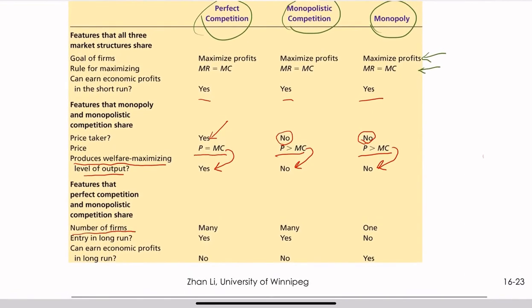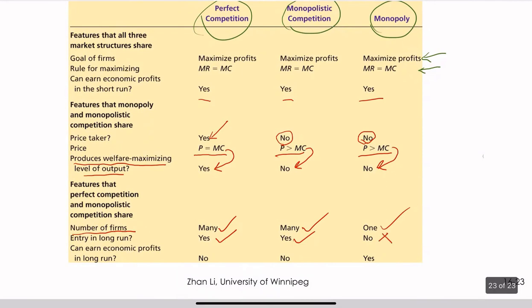Number of firms. So this is really about the assumption of these markets. So we have many firms in perfect competition and many firms in monopolistic competition and just one firm in the monopoly market. Entry in the long run, yes, we assume both perfect competition and monopolistic competition have free entry in the long run. Right?